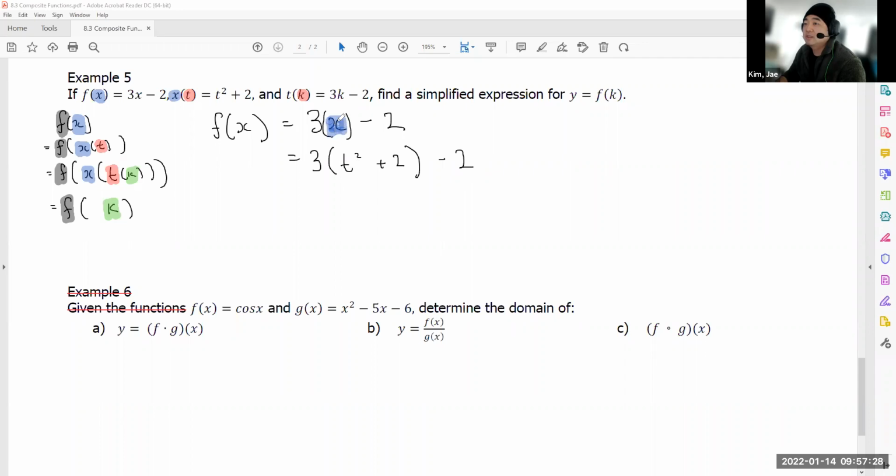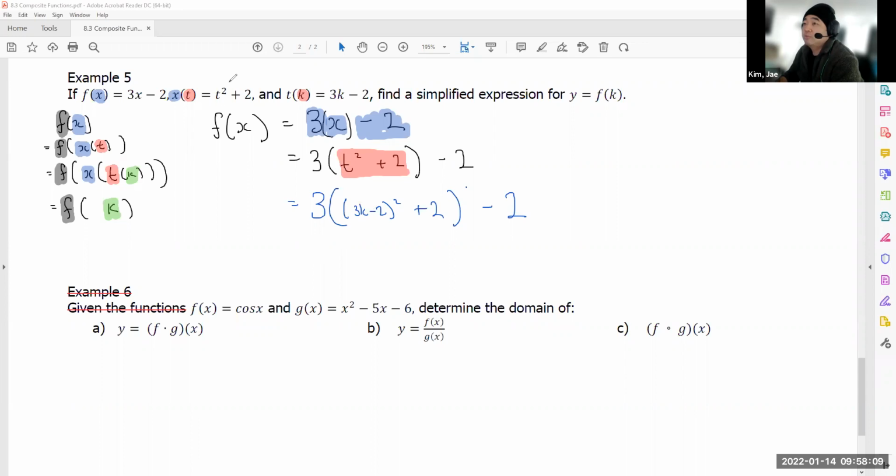So x is going to be red. Blue. Oops. And then from there, yes, it's t squared, but t itself is 3k minus 2 squared plus a 2, which would be in green.